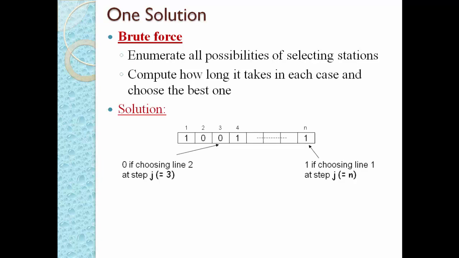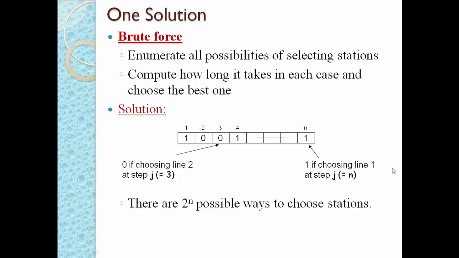But when we think about the solution by using the brute force method, suppose 0 means choosing line number 2 and 1 means choosing line number 1, and at every station we have two options, either line number 1 or line number 2. So a total of 2 raised to n possibilities are there.